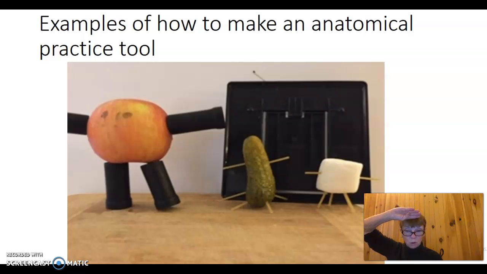I would use it for a coronal cut if I was doing a facelift where I'm going to do a front plane and remove it. And with the pickle person or the apple person, I could also do that transverse or horizontal plane that is side to side. And I could also do the midline or the sagittal.